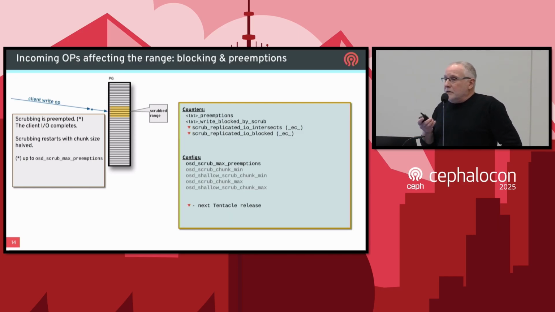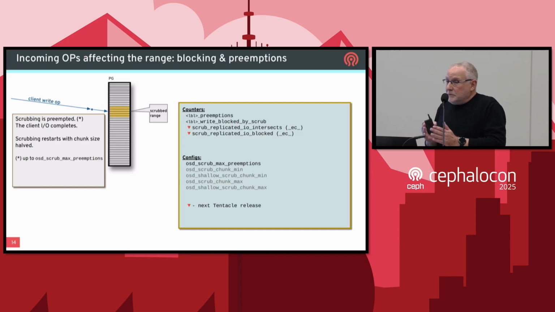The logic here is debatable because the PG will continue with this reduced scrub size. The basic reasoning was that if you are so busy that writes arrive on the specific PG that you are scrubbing, you might want to reduce scrub effectiveness and the effect it has on the rest of the system.